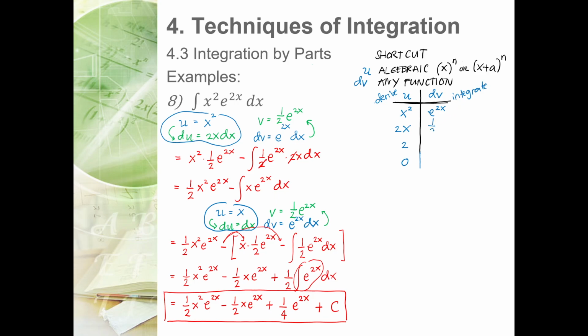So you have 1/2 e raised to the power of 2x. Then you integrate this one again, you have 1/4 e raised to the power of 2x. And then you integrate this one again, you have 1/8 e raised to the power of 2x. So this is the process.